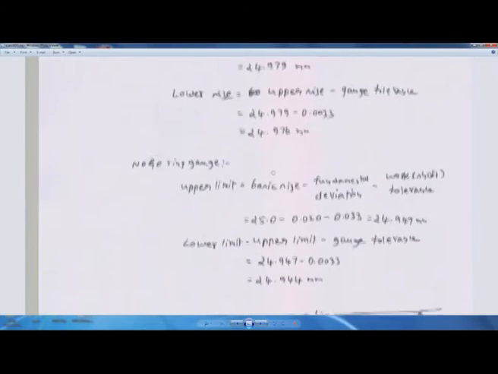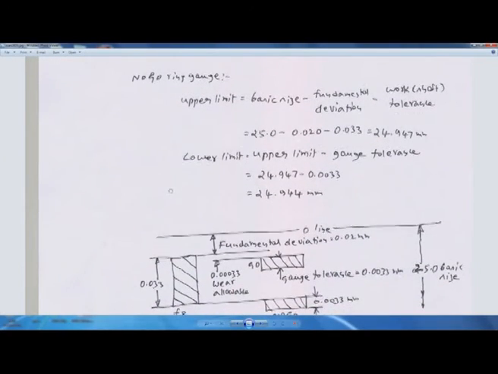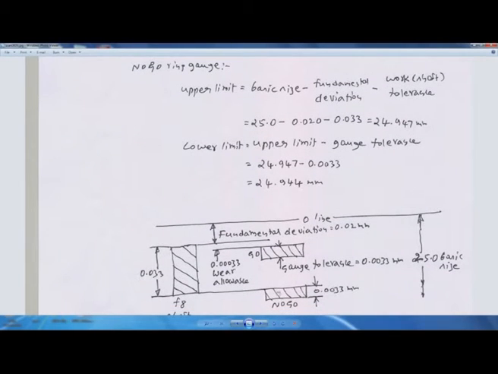millimeter. So coming to the no go ring gauge, so this is the no go ring gauge, and this is the upper limit for the no go ring gauge. So this we can calculate by this relationship.